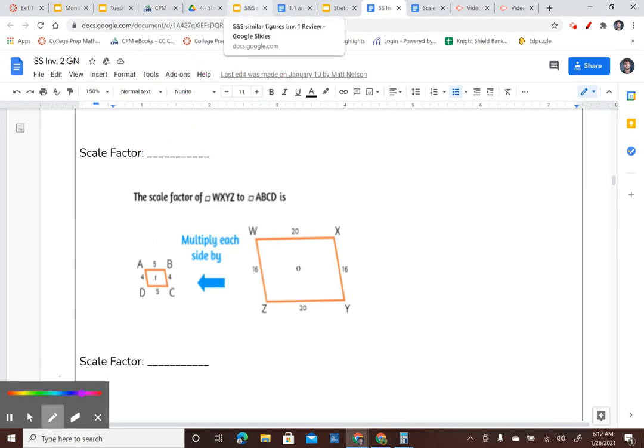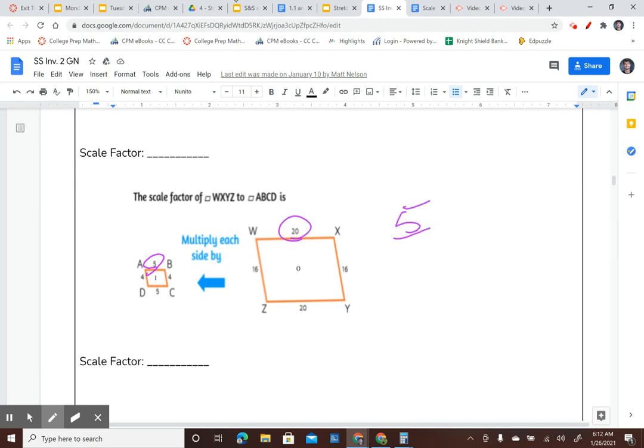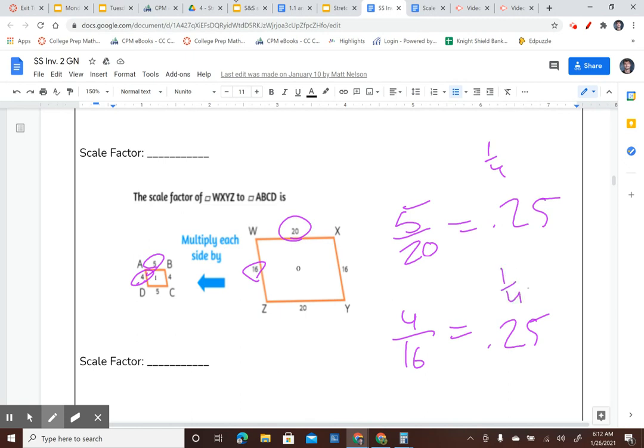Here we're going to do 5 over 20 and 4 over 16. So here we have 5 divided by 20 gives us 0.25, or we can think about it as 1/4. And then 4 over 16 gives us 0.25, again, 1/4. So our scale factor would be to multiply each side by 0.25.